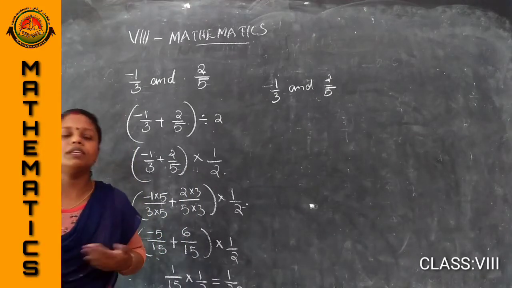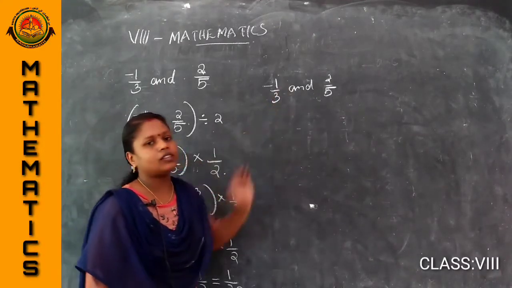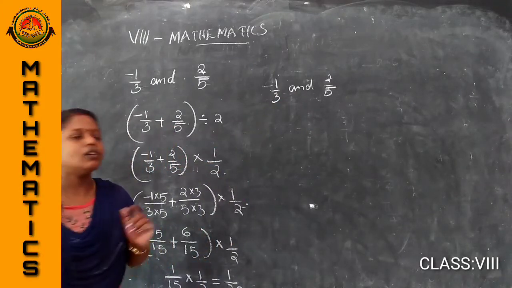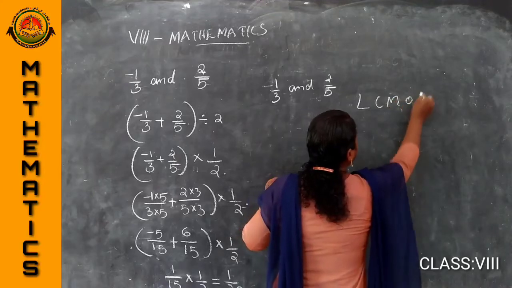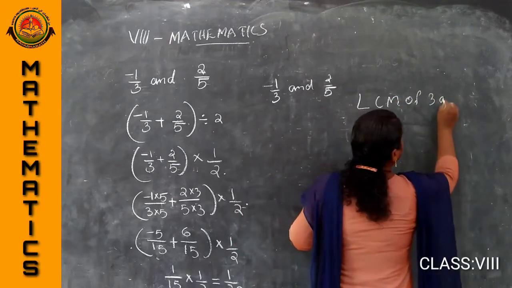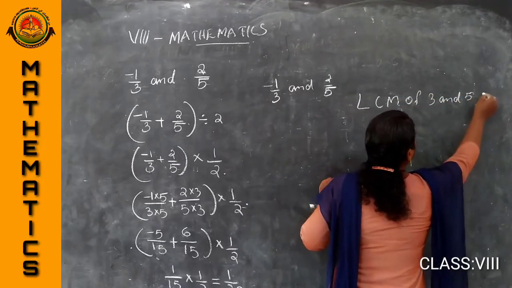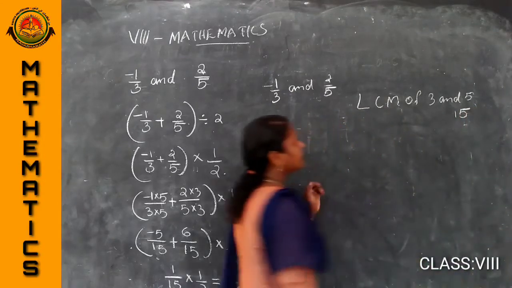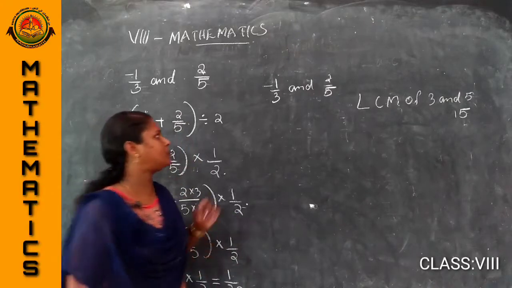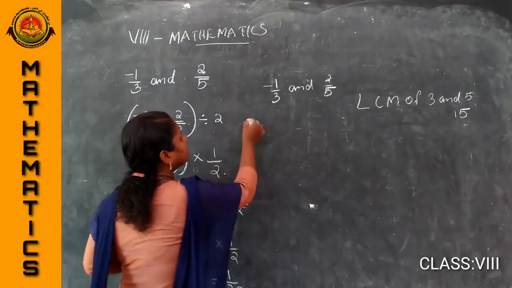Common denominator means we need to take the LCM of 3 and 5. The LCM of 3 and 5 is 15. So we need to rewrite this.